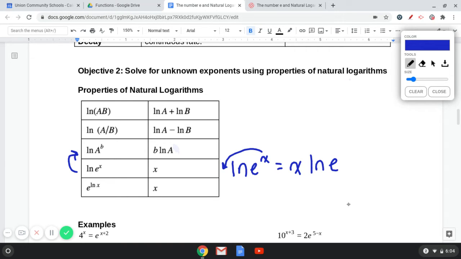And remember, natural log and e are inverses of each other. So e is the exponential, natural log is like a log. So natural log of e is 1. So this is x times 1, which is just x.